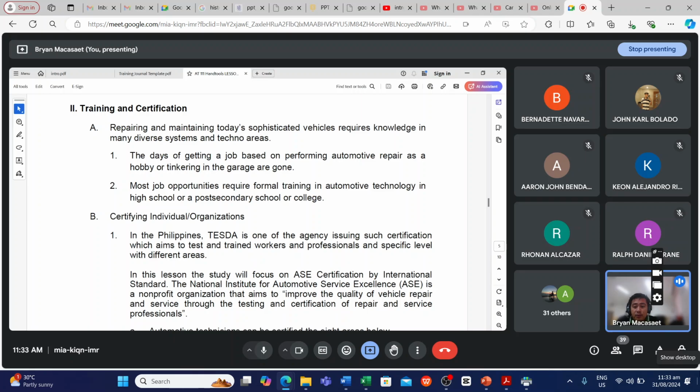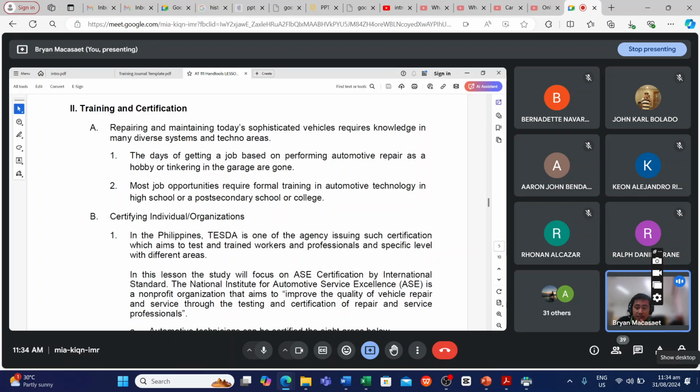So most job opportunities require formal training in automotive technology in high school or post-secondary college. So noong unang panahon, okay lang na magawa ka basta makakagawa ka. Nowadays, aside from physically kailangan makagawa ka, kailangan meron kang documents na magpo-proof na ikaw ay certified and trained worker. So ngayon kaya may mga NC. So ngayon ay tayo ay documents based.